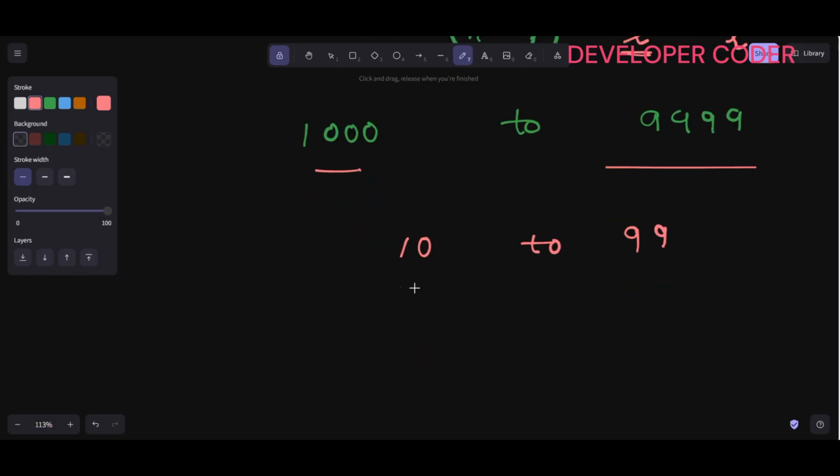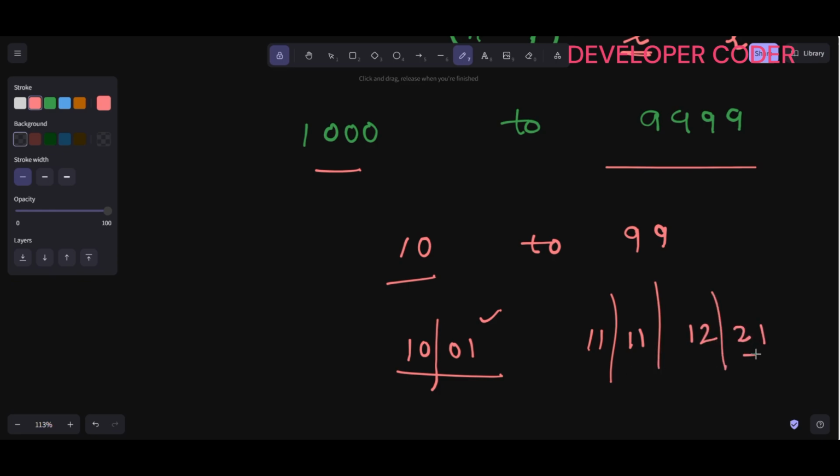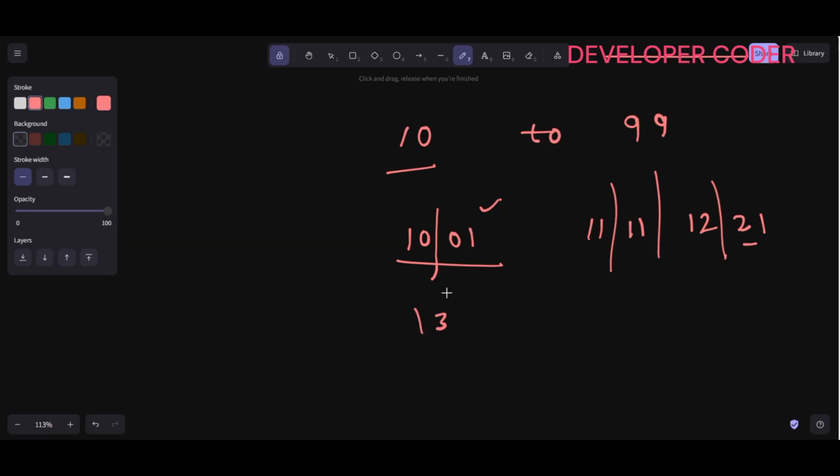Why 10 to 99? If you consider 10, then here you have to just create the mirror image, you will get this number. If you consider 11, then here just the mirror image, you will get 11 here. Then 12, then here you will get the mirror image 21. 13, so here you have to just write the mirror image, you will get this 4-digit number, and all these numbers are palindromic only. 14, then here just the mirror image of this one, 1441.